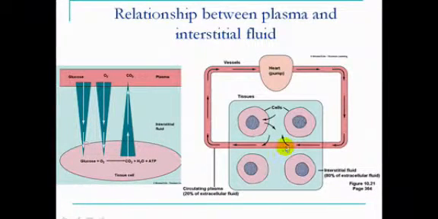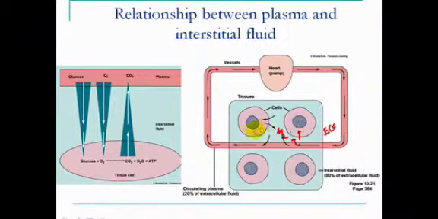How exchange happens: you have your cells here, and then you have your interstitial fluid that surrounds the cells, or we also call that ECF, extracellular fluid. So you have to have exchange happening between the blood. So nutrients are going to move from the blood into the extracellular fluid, and then from the extracellular fluid into the cell.